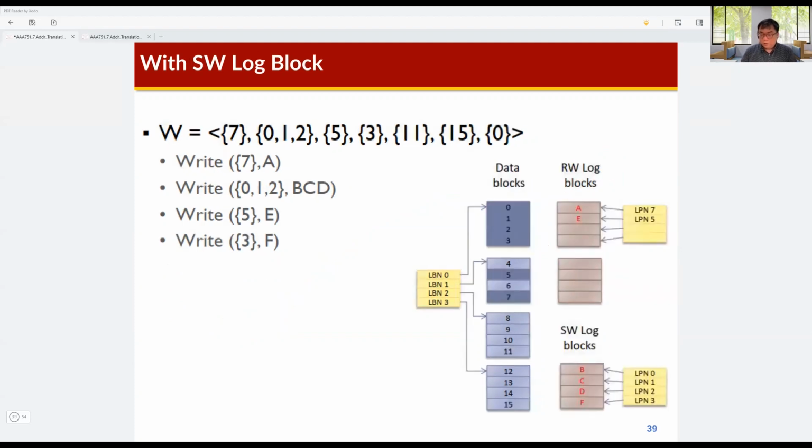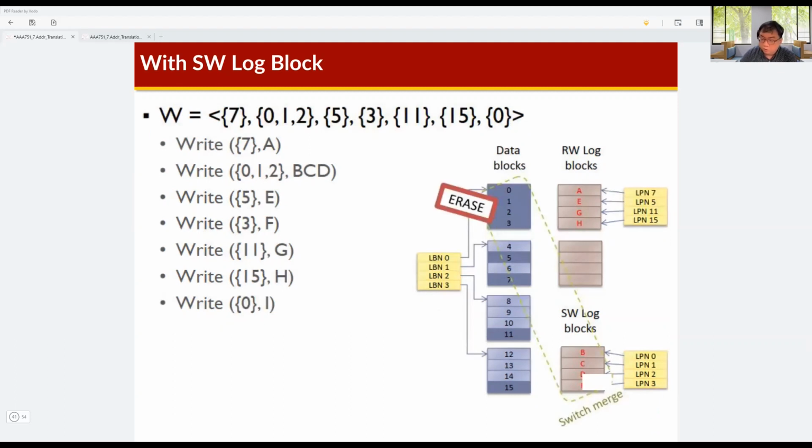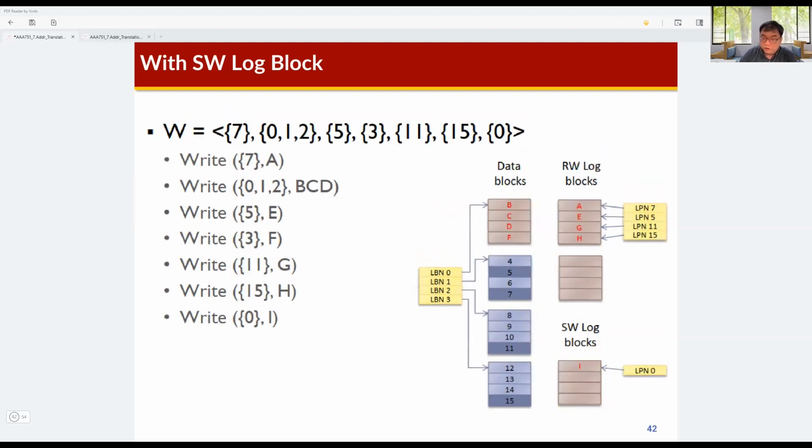So to avoid this case, FAST has the sequential write log block, and the sequential write is stored in the sequential write log block. And then we can perform the very simple switch merge or partial merge with the sequential write log blocks. Okay, like switch merge.